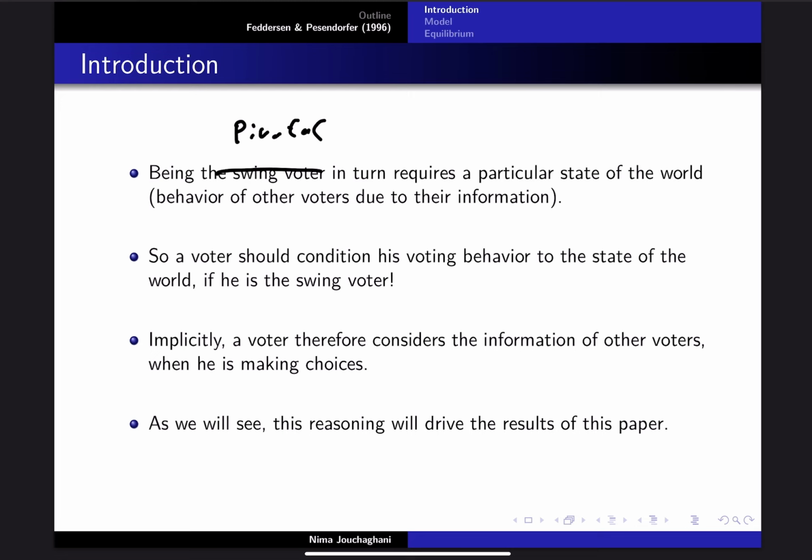So you see here there is a similarity with the winner's curse in auctions with interdependent valuations. And the idea here is that a voter should now condition his voting behavior on the state of the world if he is the swing voter or if he is pivotal.